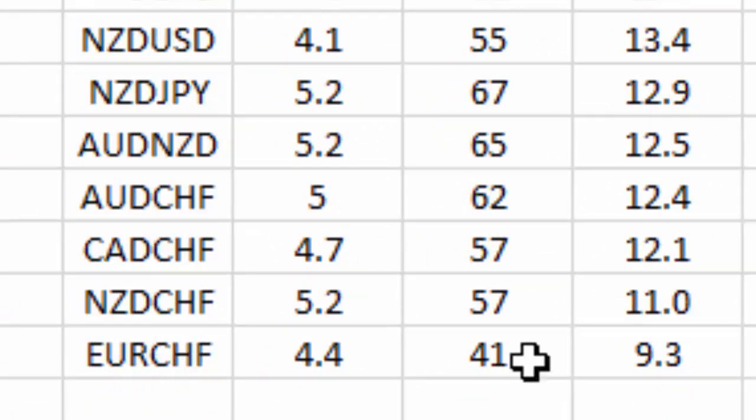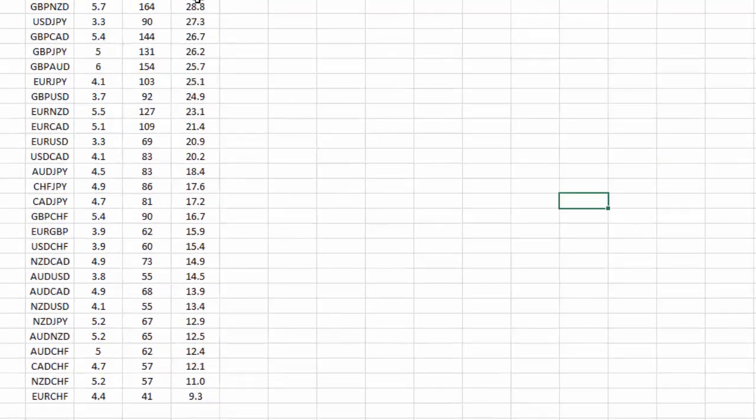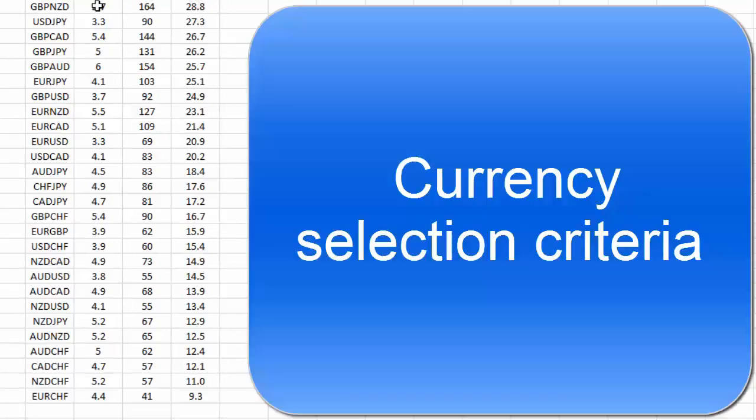There the volatility is only 40 pips a day, but you're paying 4 pips to trade that particular currency. So you're only getting 9 pips of movement for every pip that you're paying the broker. So compare that 9 pips of movement for every 1 pip you're paying the broker with 28 pips of movement for every 1 pip you're paying the broker for the pound New Zealand.